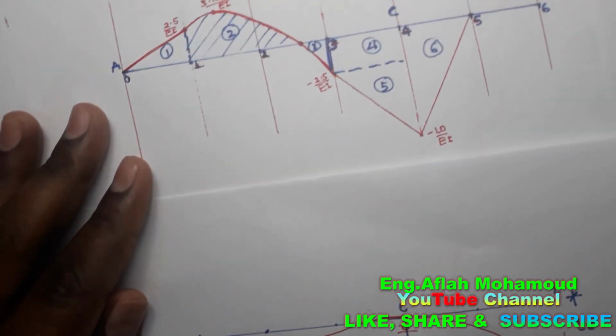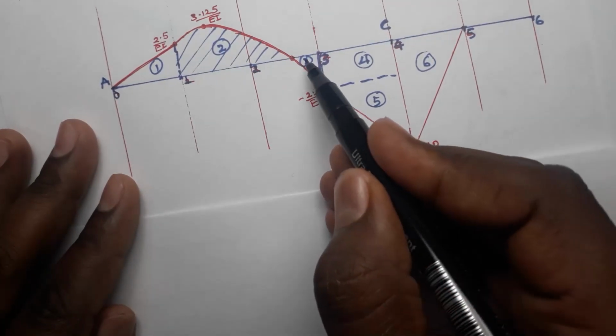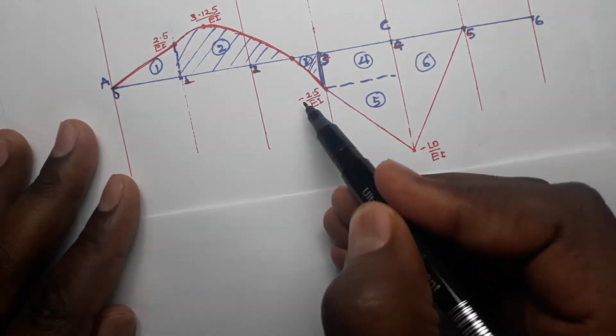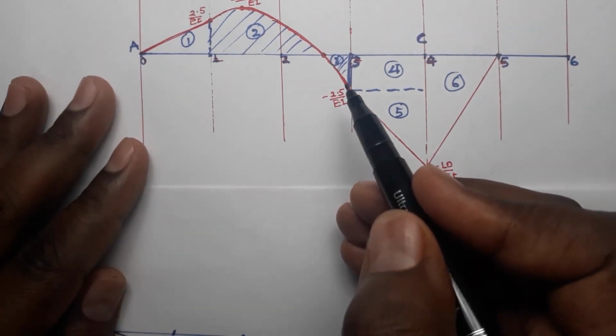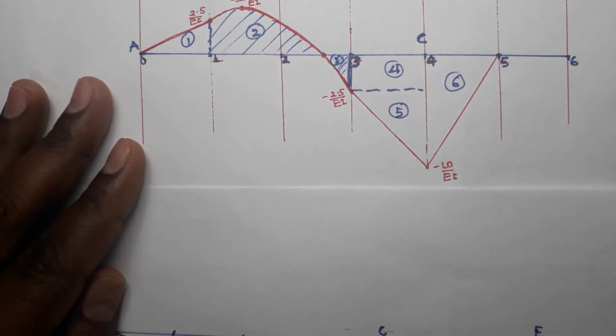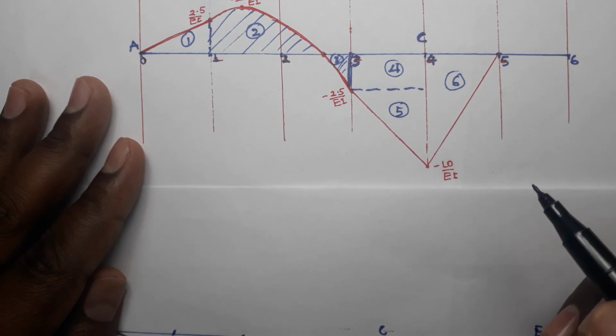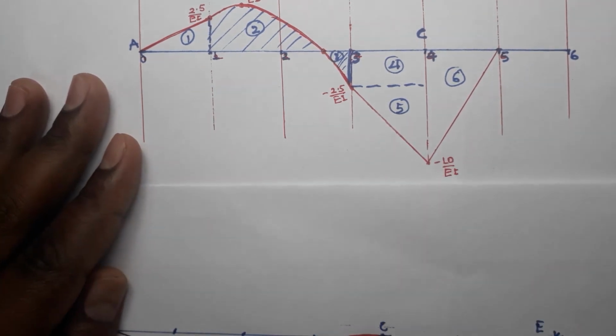Here you have to take care of the signs. When the region is under negative of M over EI, you have to use the negative of M over EI and so on. So let me do it that way.